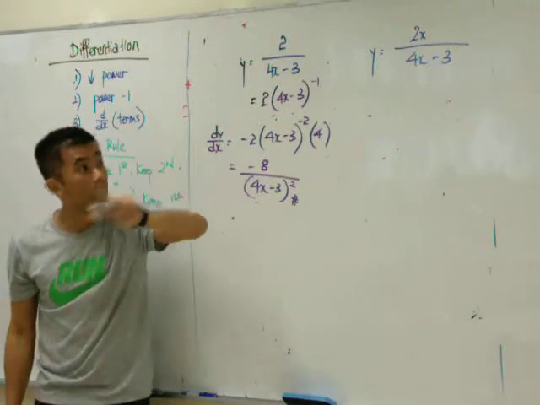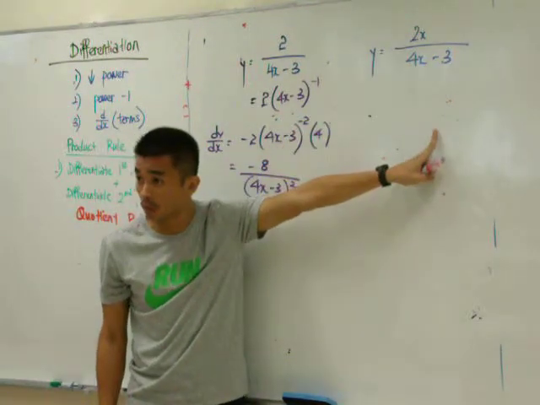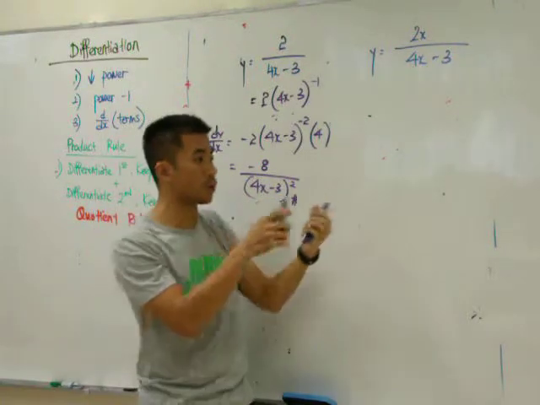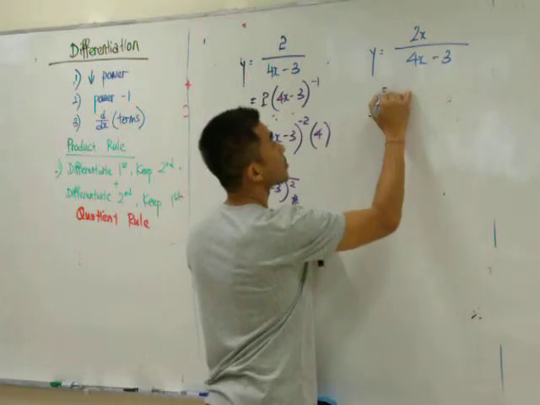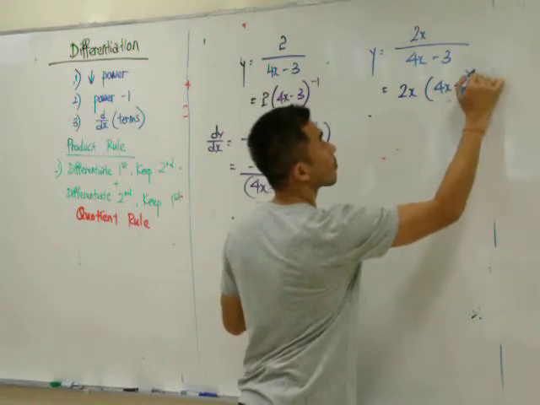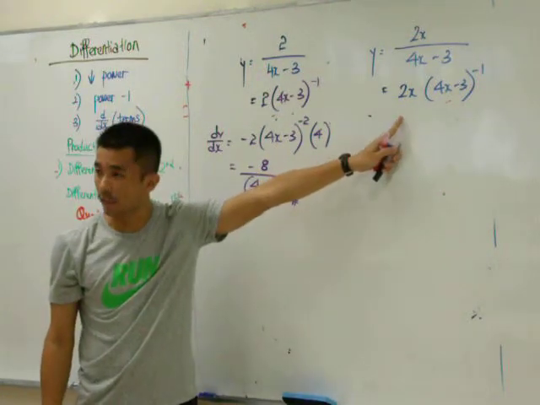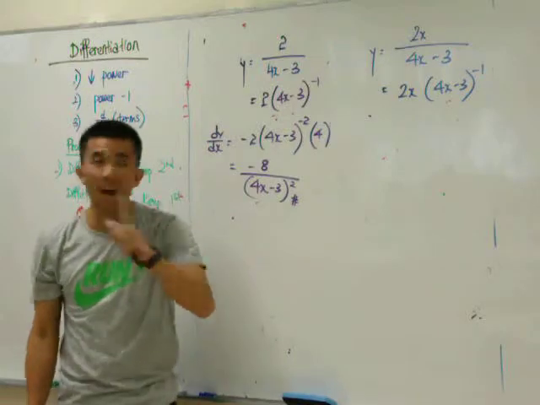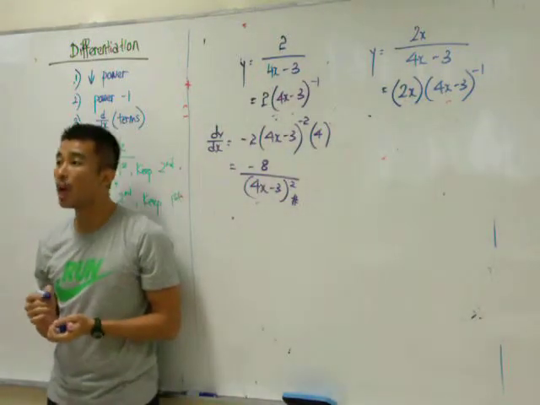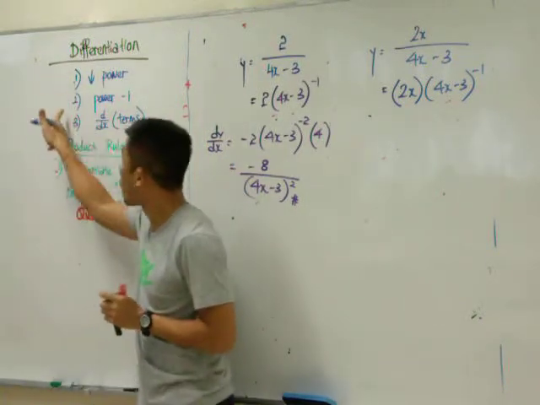But now, if my numerator is not a number, it's an unknown. Likewise, I can still simplify it if you want to. But if you realize, this is not a normal differentiation. 2x itself is a composite function by itself. Agree? It's not the normal differentiation that we always do from step 1 to 3.